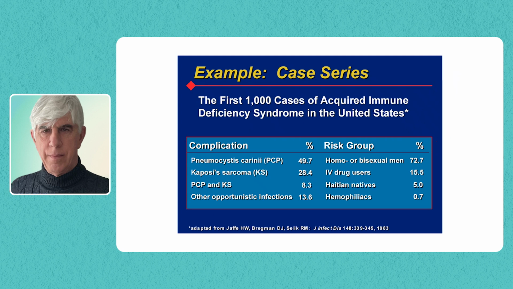So what are the risk factors? Sex, HIV, drug users. What was the complication? Kaposi sarcoma or pneumonia. So the case series is a very useful approach.